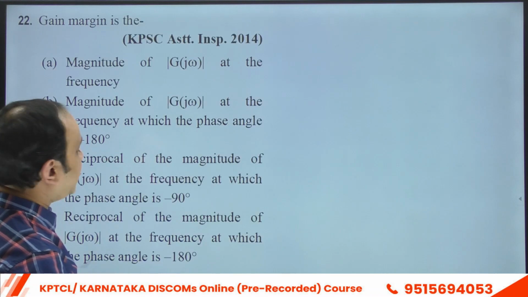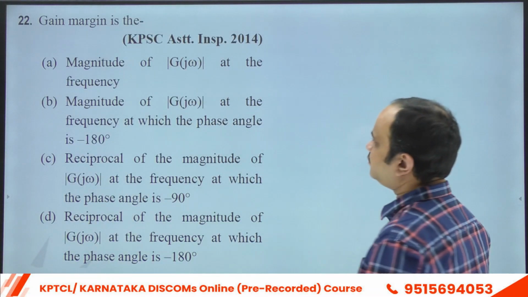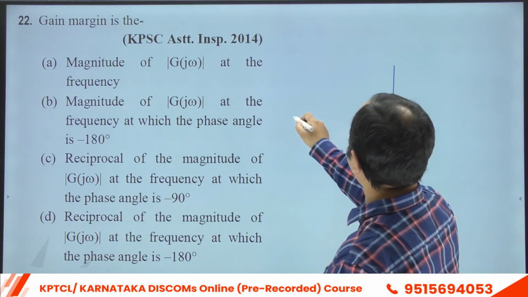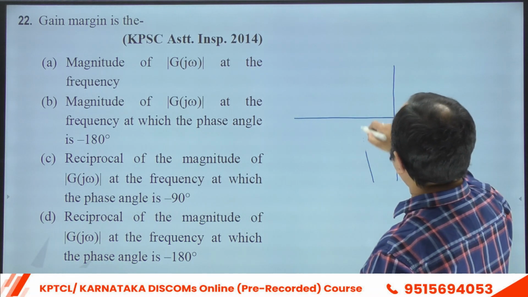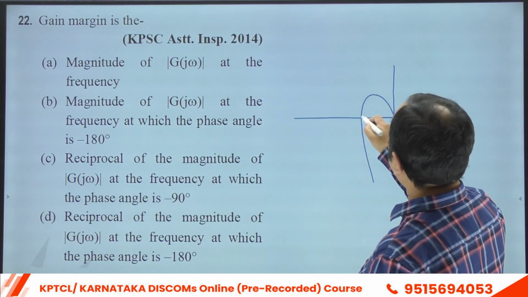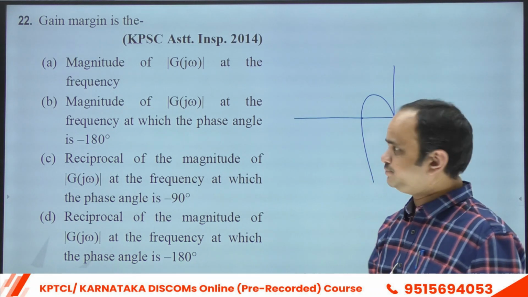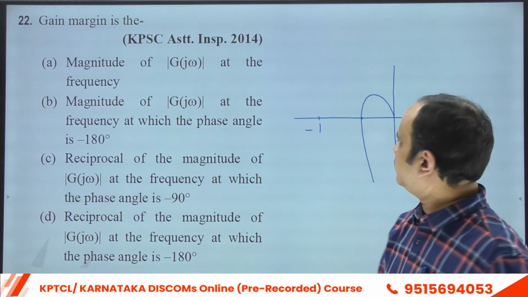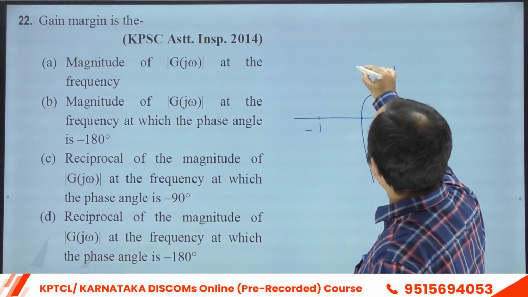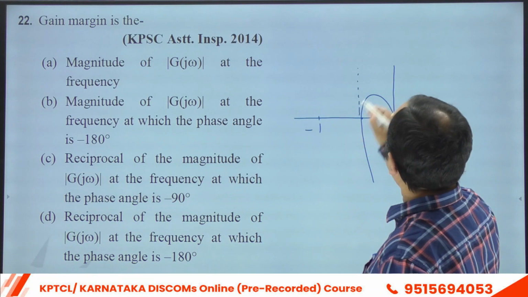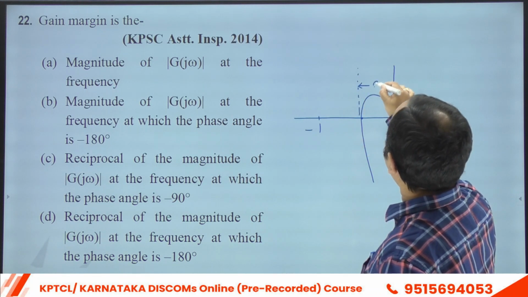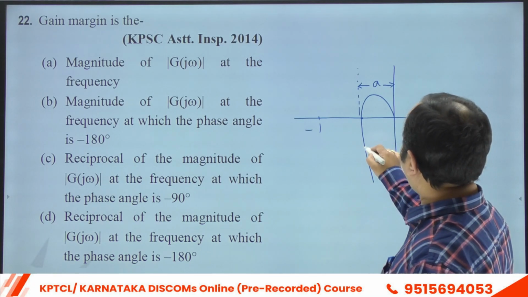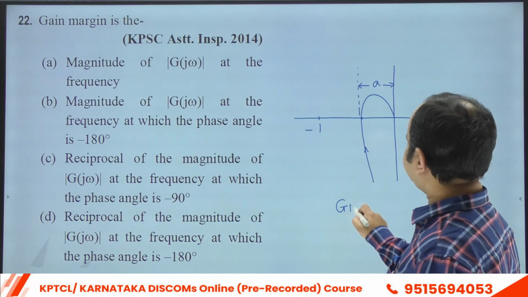Now gain margin, what is the basic definition of a gain margin? Instead of going through theoretical statements, for example, this is the Nyquist plot of a particular system. Let us say the critical point is here, -1, and this distance, let us say A. In this particular diagram, what is gain margin?